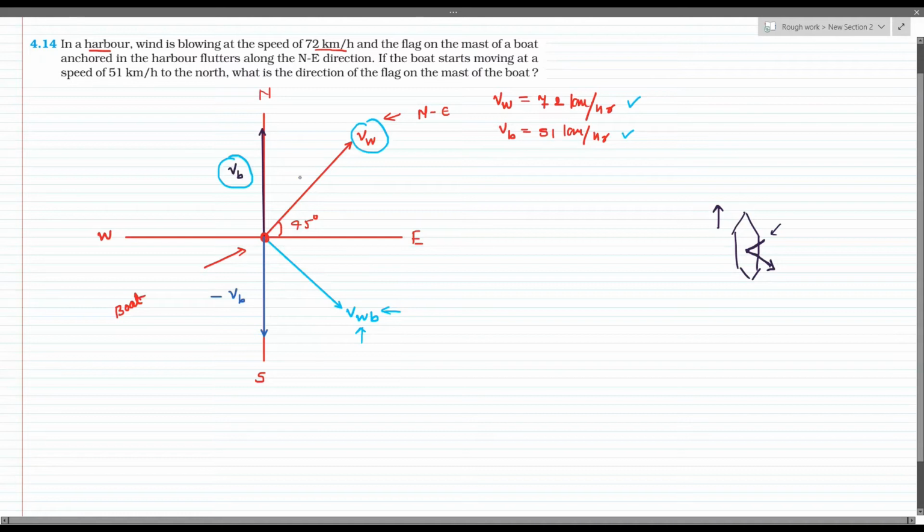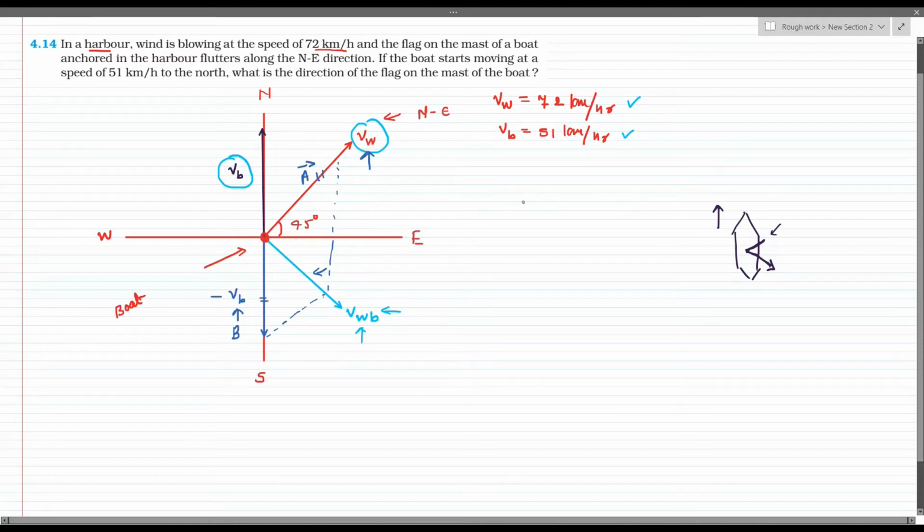Now, say for example, this is a vector A, which represents the wind speed, and this is the vector B, which represents the opposite vector of the velocity vector of the boat, and this is the resultant vector of this vector as well as this vector. So here you can draw the law of parallelogram, as you can see, right?